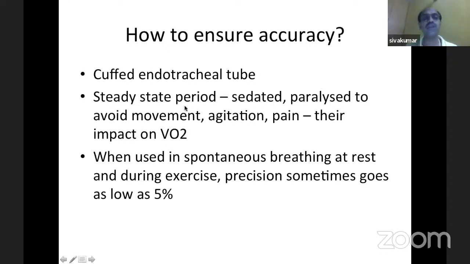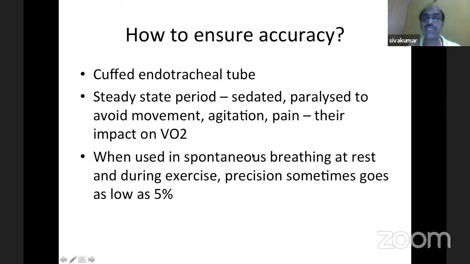You need to have what is called a steady state. That means the patient is sedated and paralyzed to avoid movement, agitation, pain, and this itself will have a reduction on the VO2. And it is not like respiratory mass spectrometry is not used in spontaneous breathing. If you go to the exercise labs, the sports medicine labs, they will also use respiratory mass spectrometry.